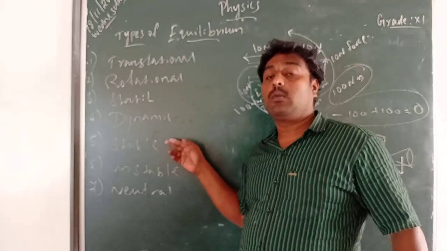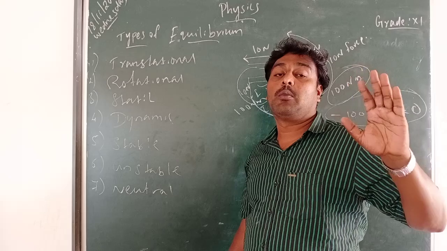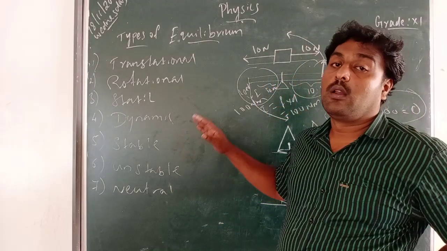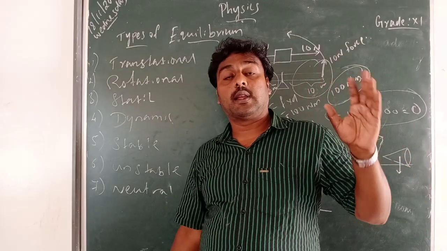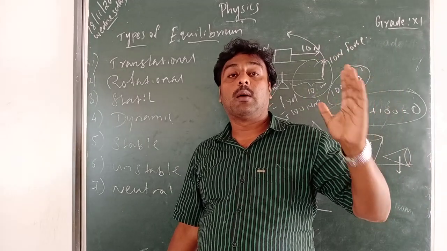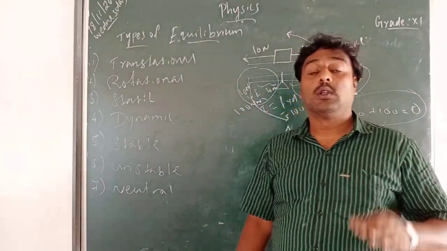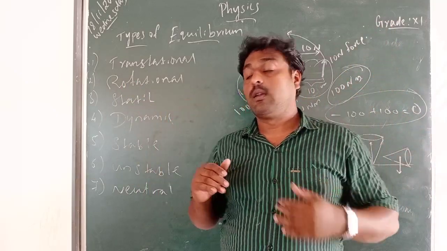Stable equilibrium, unstable equilibrium, neutral equilibrium. First one is the same: linear momentum and angular momentum are zero. And keep this cone example. Stable equilibrium: if you slightly disturb, it will come back to its original position, center of mass is higher, potential energy higher.